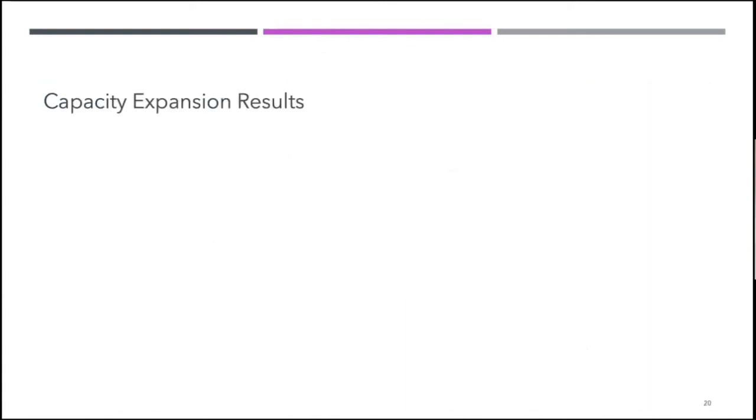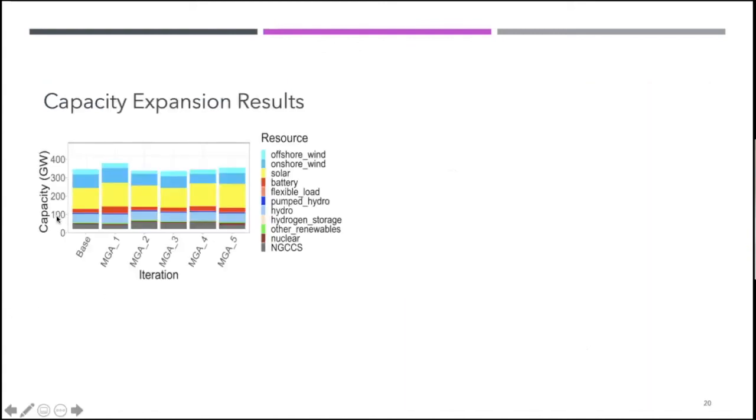Okay, so for capacity expansion results, we have a base case scenario here. And then we have 5 different MGA scenarios. Now, in this figure, we have total capacity in the entire WECC, or in the entire Western Interconnect. So as you can see here, it's not very different from the base solution.